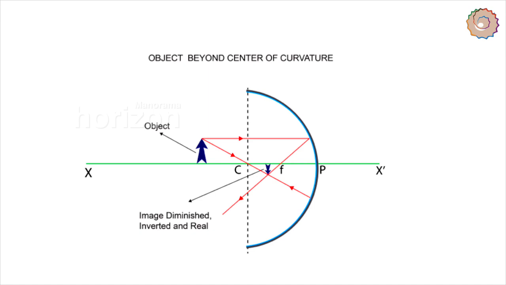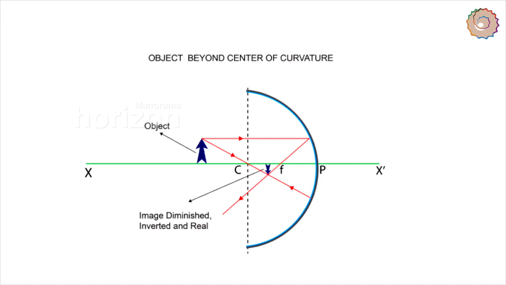If you look at the principal rays originating from any given point on the object, one of those rays will travel parallel to the principal axis and of course be reflected through the focus. Another ray will travel through the center of curvature and be reflected straight back, and another ray which passes through the principal focus will be reflected parallel to the principal axis.